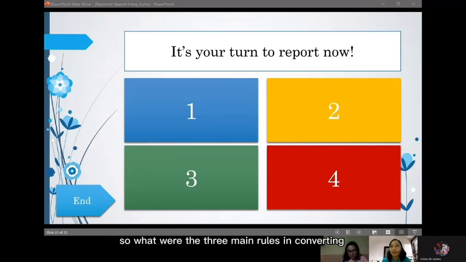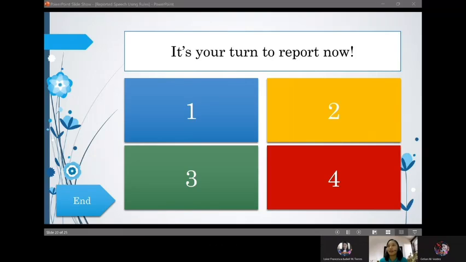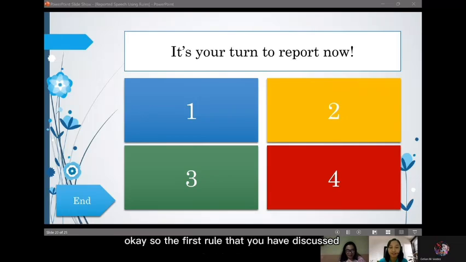So what were the three main rules in converting a direct speech to a reported speech? What were the three main rules? Hello, ma'am. Yes, Lois. Okay. So the first rule that we have discussed is to add the reporting verb said.